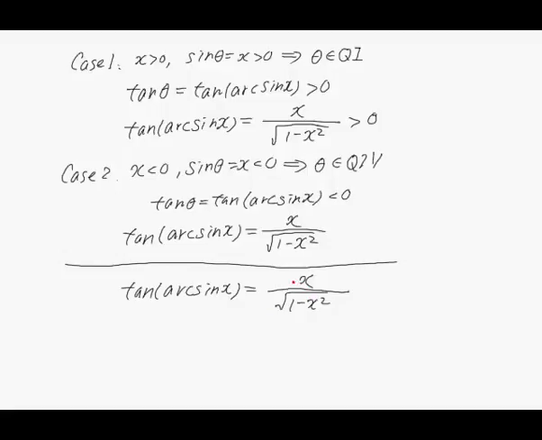Any question? Not two answers. I have to deal with the two cases, but in either case, I still get the same expression. So this is just the one answer. The final answer is x over the square root of 1 minus x squared.